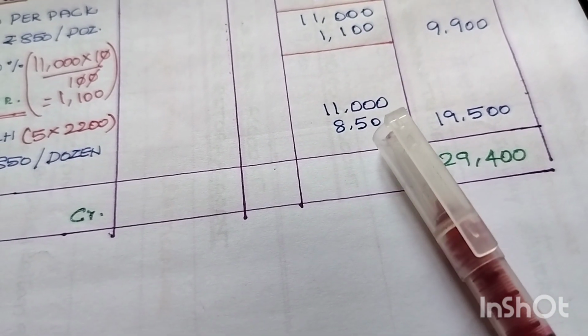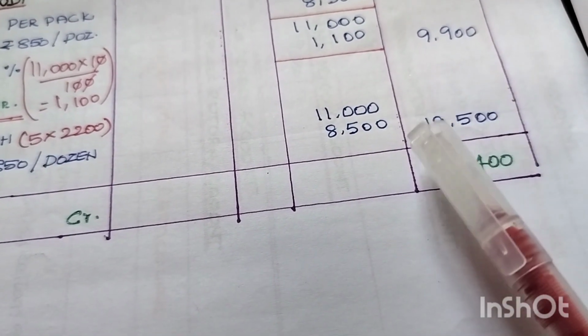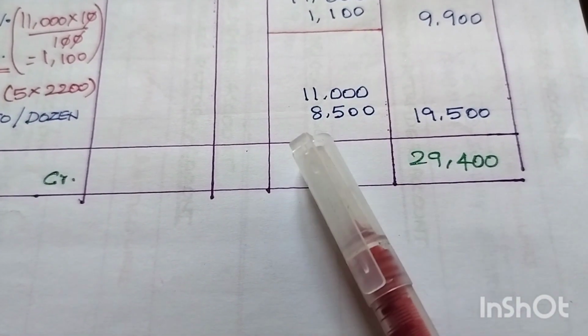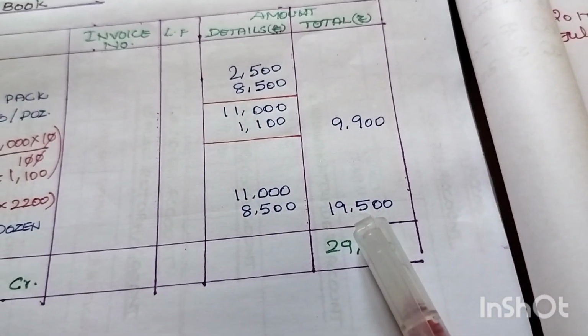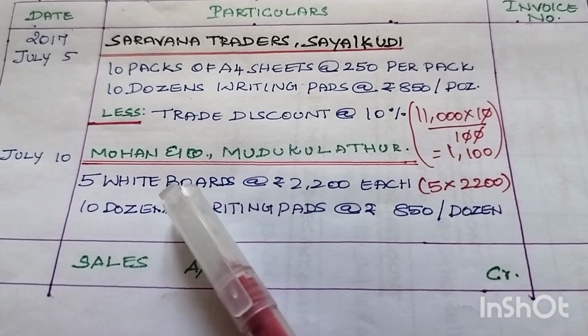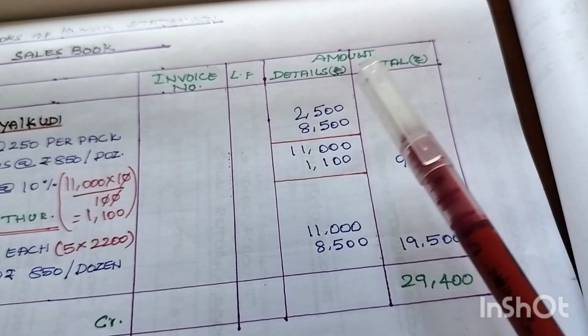Then you have to add these two amounts and find the total, then enter it into the total column. So 11,000 plus 8,500, you got 19,500. This is the total amount you sold to Mohan and Co. So you enter that total amount into the total column.